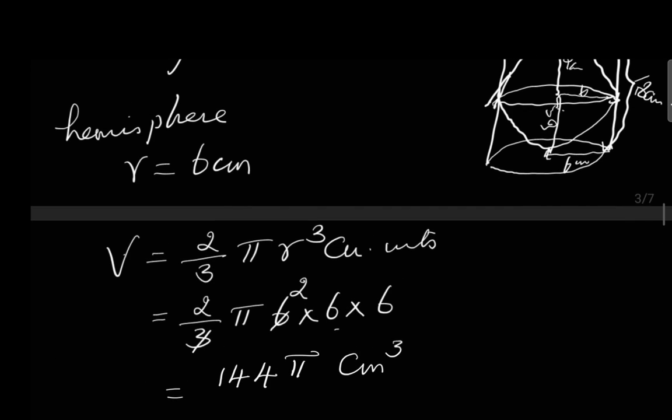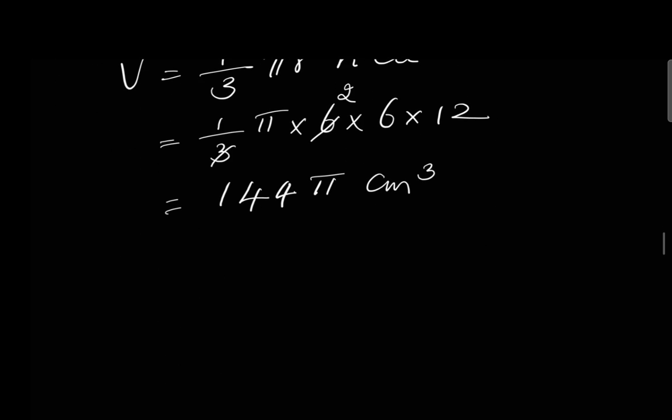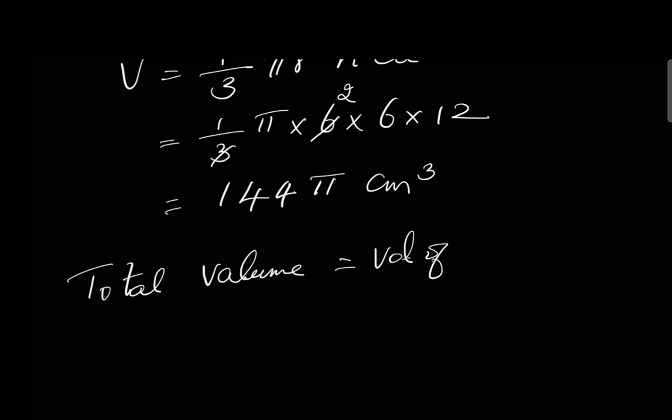So the total volume is the volume of hemisphere plus the volume of cone.